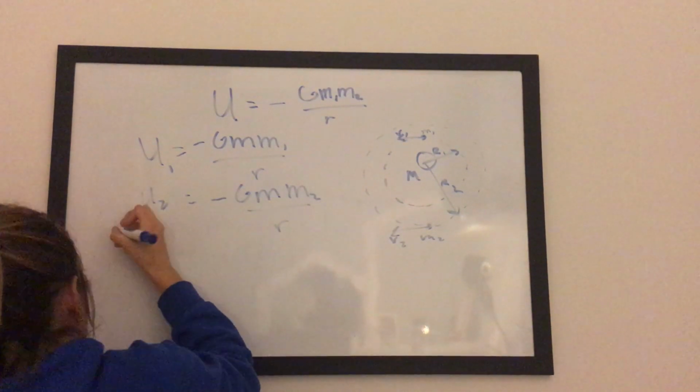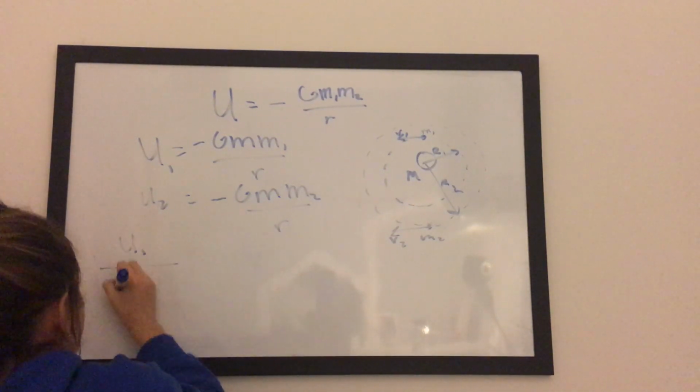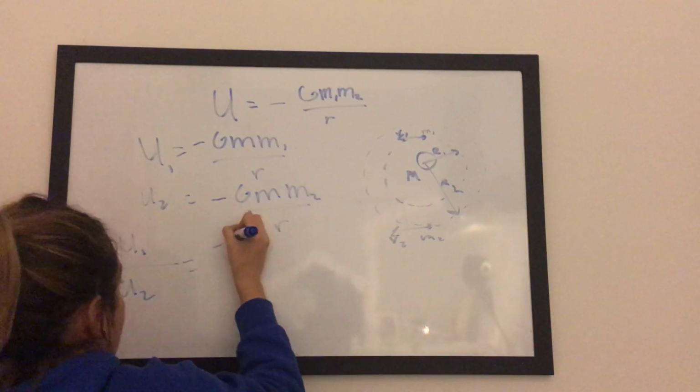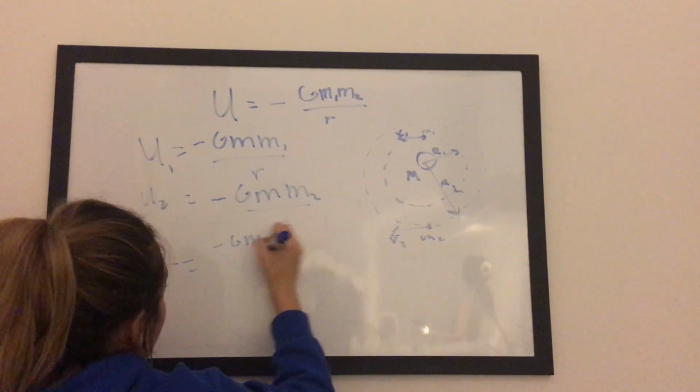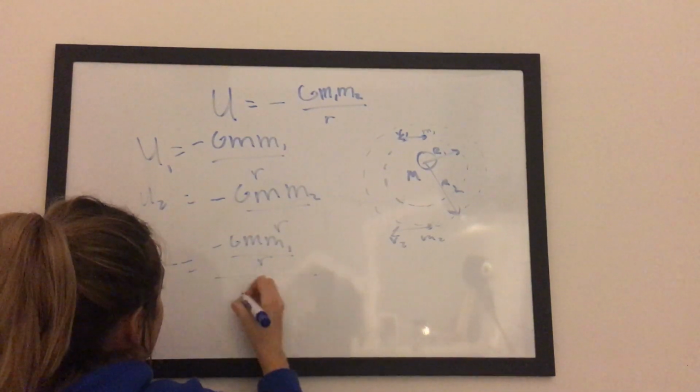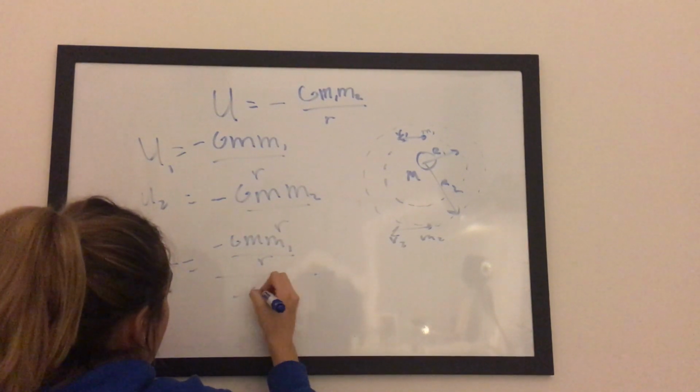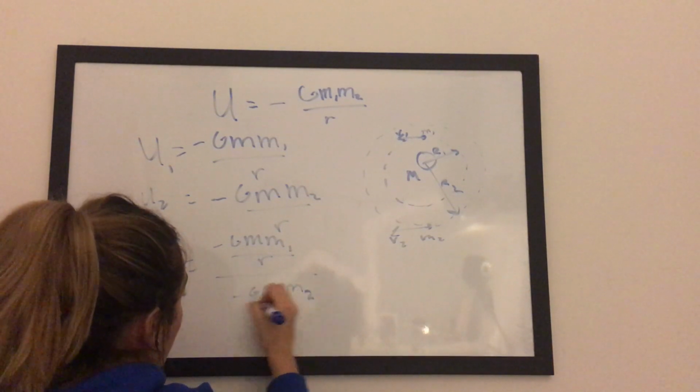So we get U1 over U2 is equal to negative G M m1 over r divided by negative G M m2 over r.